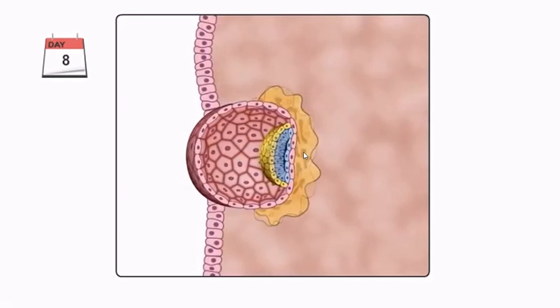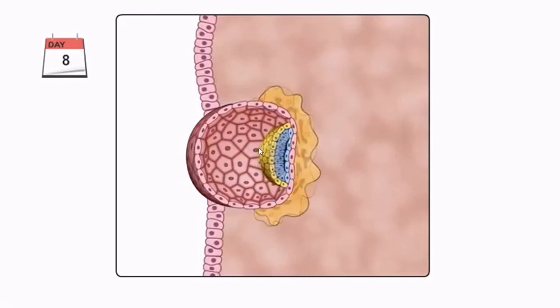Inside the trophoblast, we shouldn't forget about the embryoblast. The embryoblast forms two cell layers. This layer, the blue cells, is named the epiblast, and this layer is named the hypoblast.